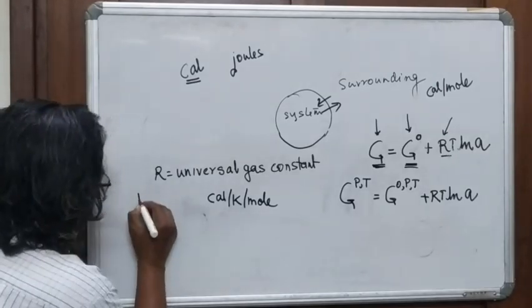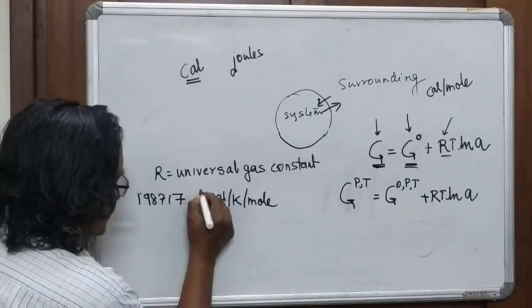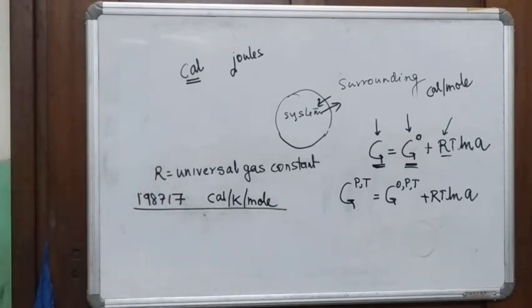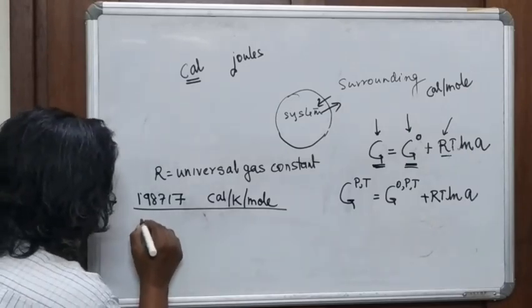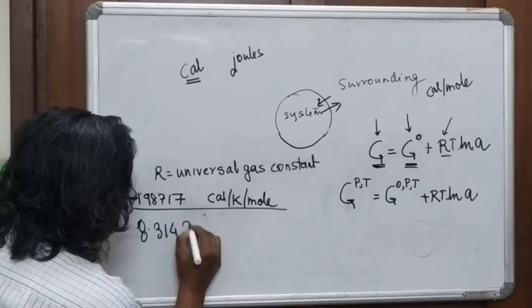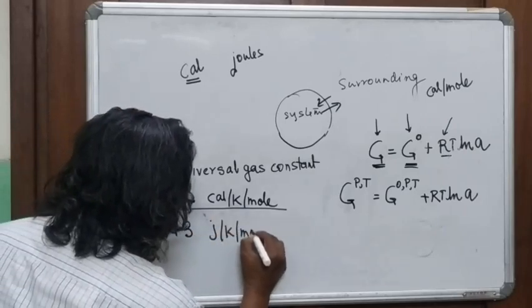So this value is 1.98717. This is the unit of R in calories per Kelvin per mole. And in joules it is 8.3143 joules per Kelvin per mole.